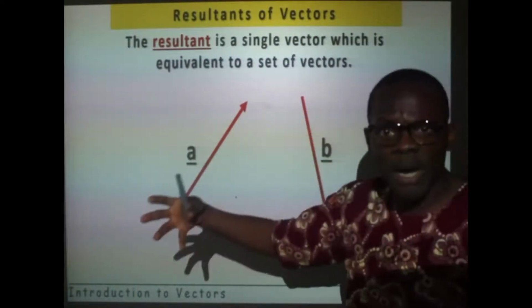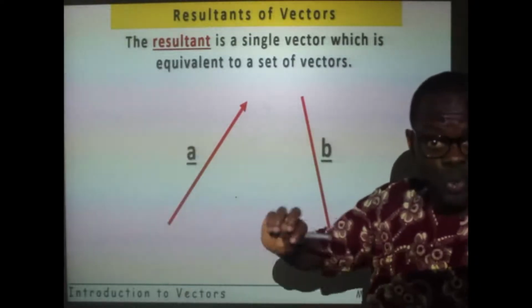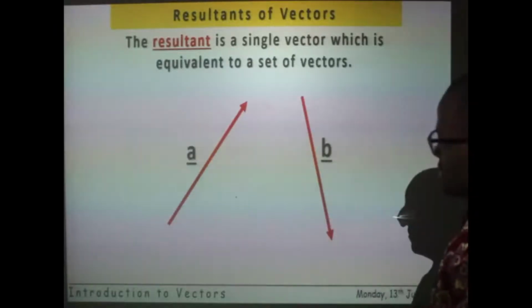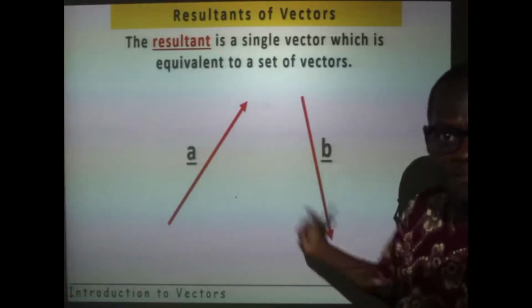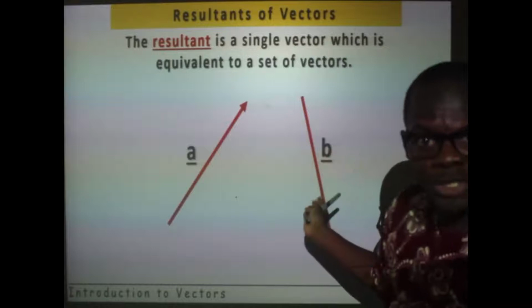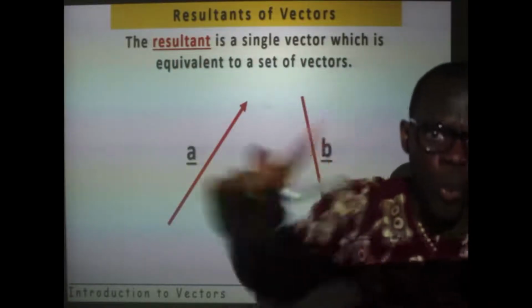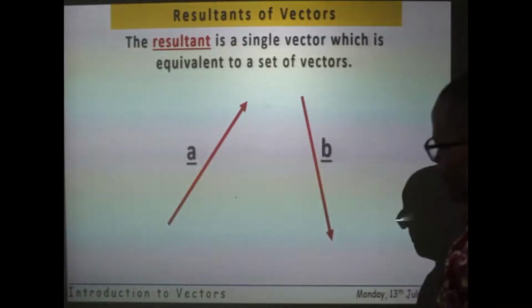So when you're trying to combine two or more vectors into one, what you get is called the resultant of all the vectors. Here we have two vectors, A and B, pointing in the directions as shown, and you want to combine these two vectors into just one. Watch what we do.